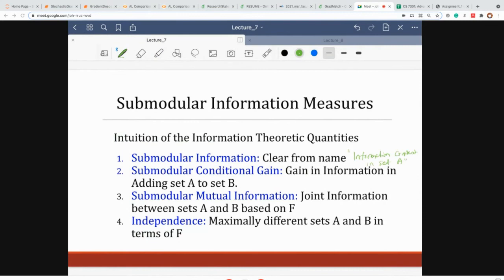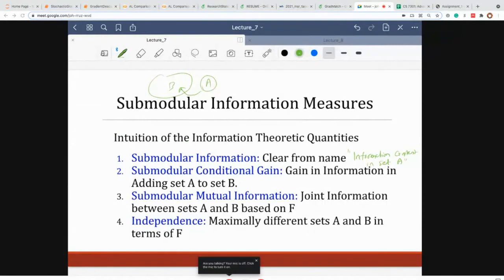Then you have the submodular conditional gain, which is the gain in information when I add a set A to a set B. I have an existing set B, and now I'm trying to add A to B. When I add A to B, what is the additional information that A brings to B? That's what the submodular conditional gain is.